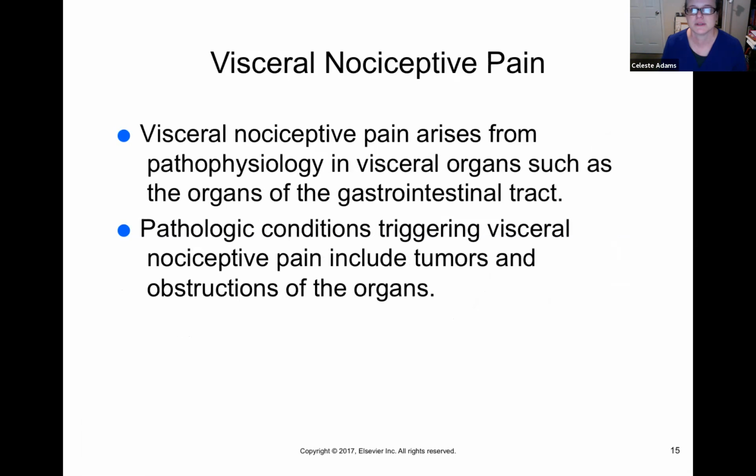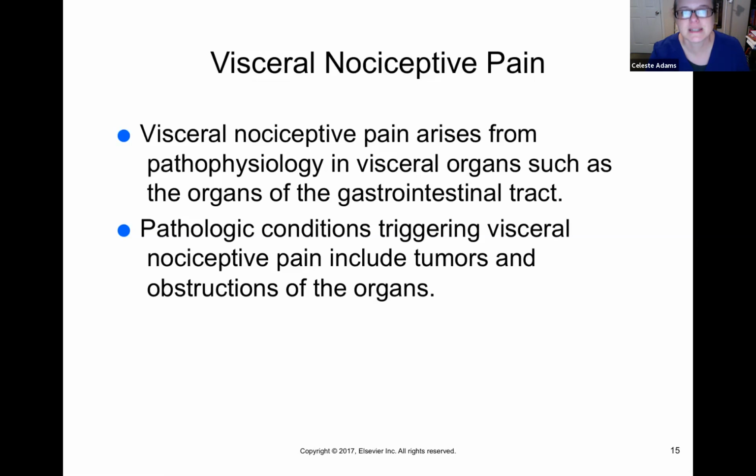Visceral nociceptive pain arises from pathophysiology in visceral organs, such as the organs of the GI tract. When you see the word visceral, visceral equals organs. Somatic is more tissue related: skeleton, muscle, connective tissue, bones.